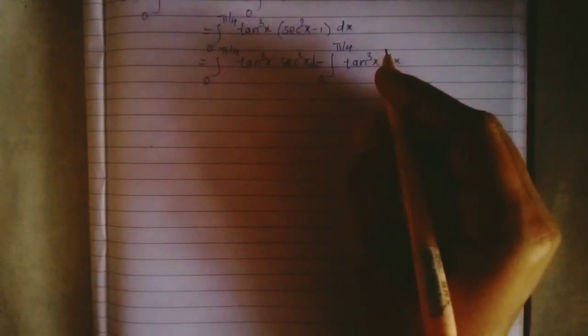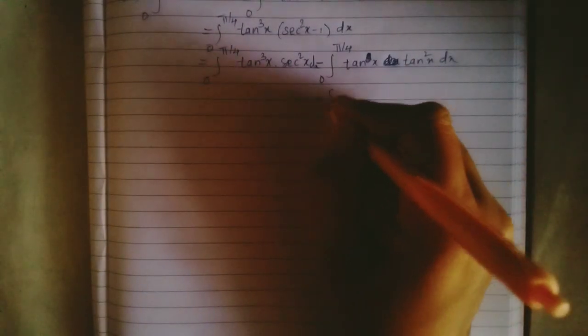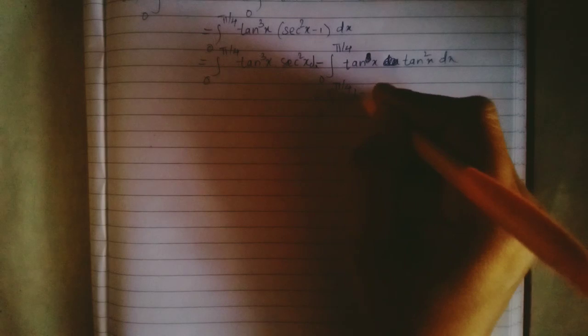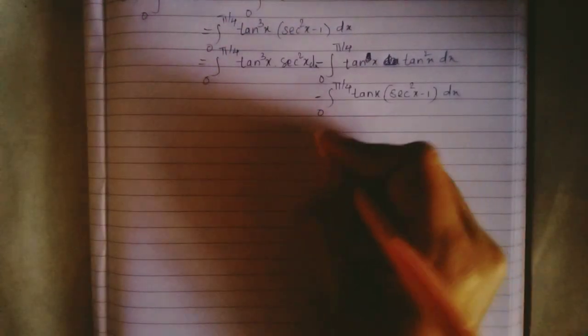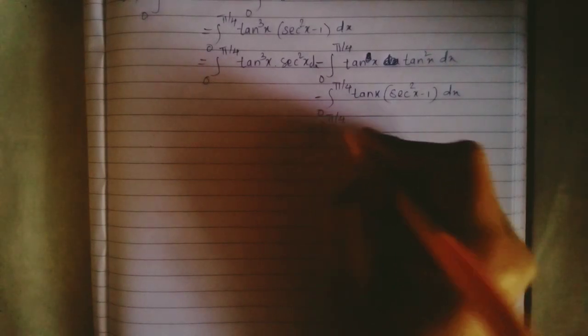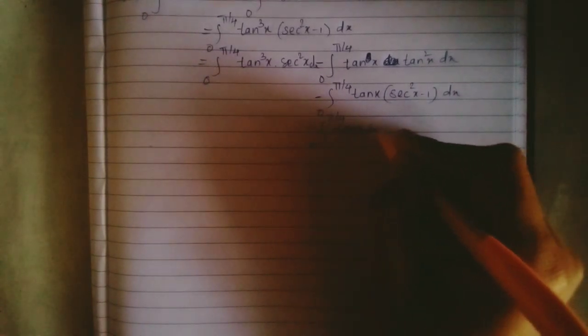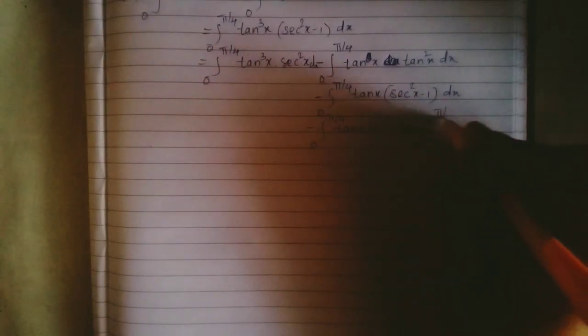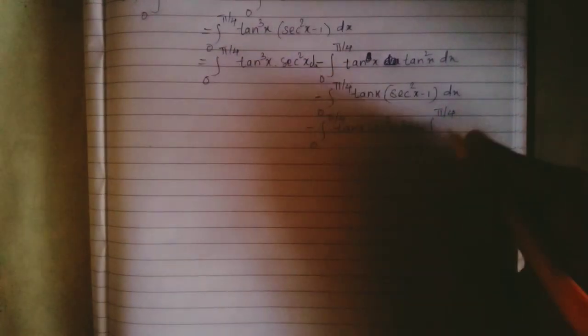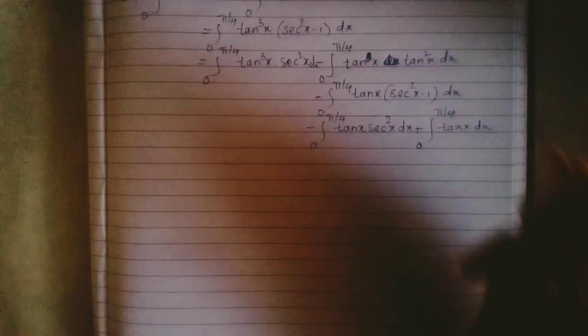So tan raised to 3 can be split into tan x into tan square x, that is tan x into sec square x minus 1 dx. So this will be integral 0 to pi by 4 tan x sec square x dx plus integral 0 to pi by 4 tan x dx.